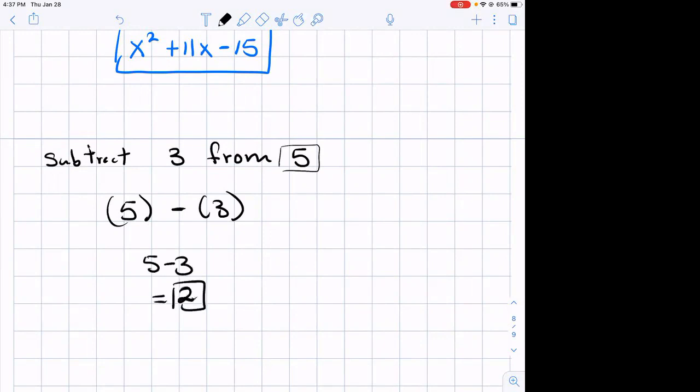Okay? So the reason I'm showing you this example is because when you have polynomials with more than one term, you have to write this one first, if it's written in this order.